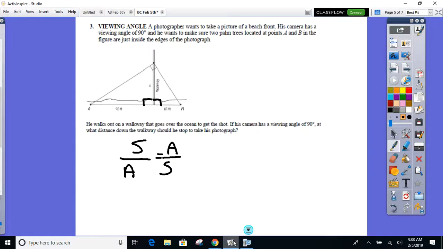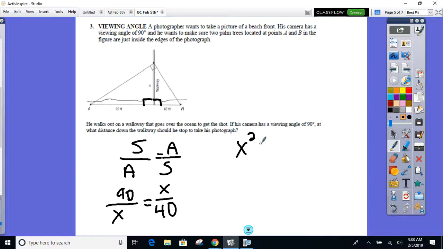Here you go. Help me fill it in. 90 over x equals x over 40.